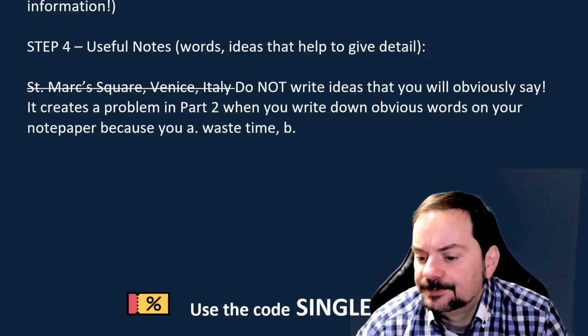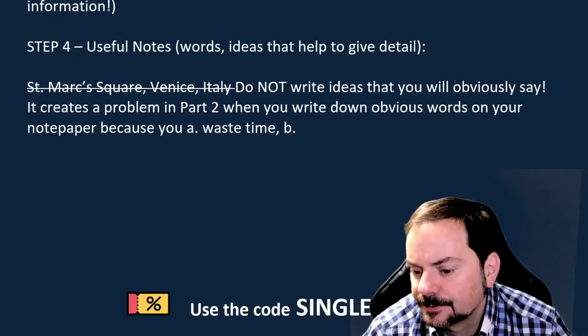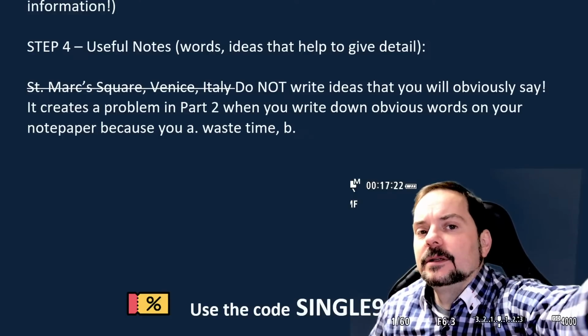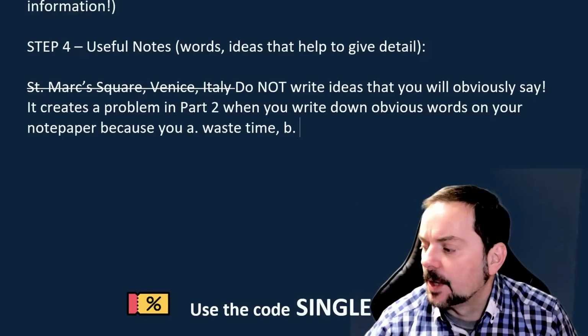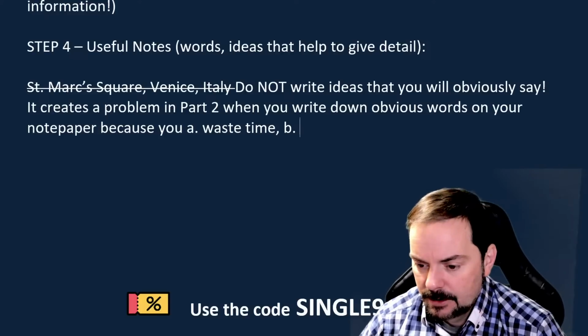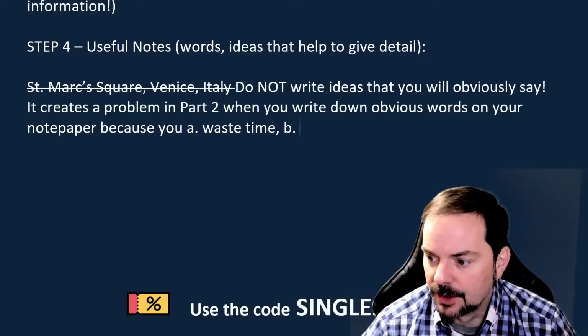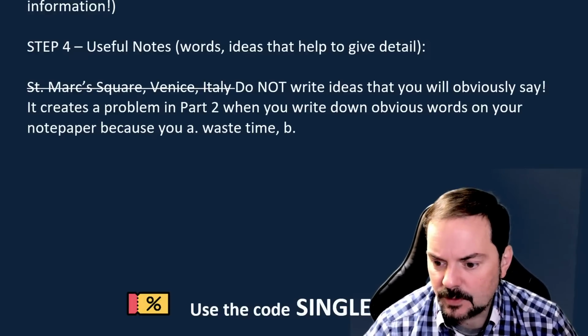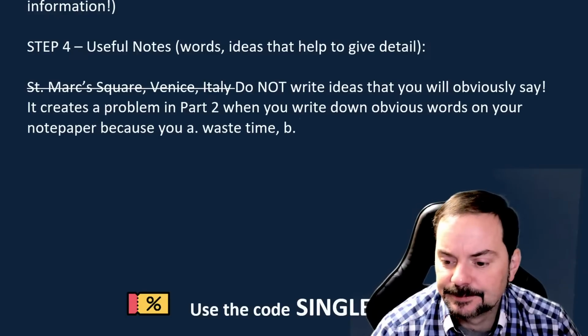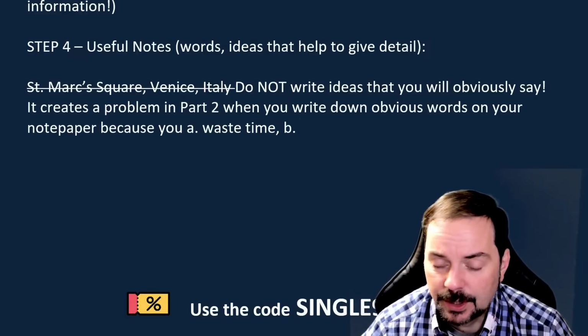What else? What do you think? What other issue may that lead to when you're just writing down obvious words that you're going to say anyway for part 2? What do you think? I want you to think.